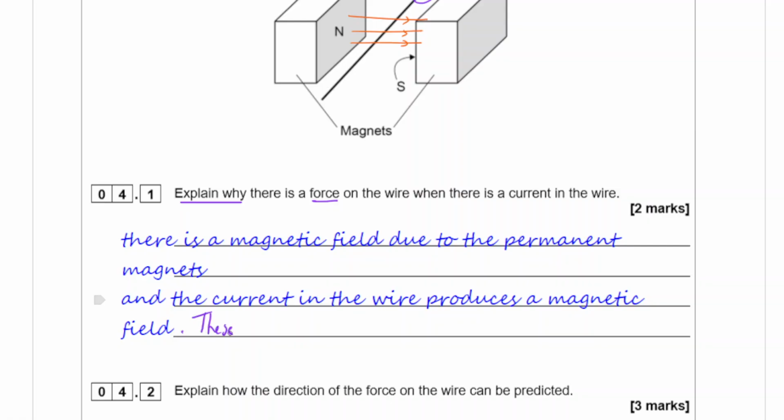These magnetic fields interact, causing a force on the wire. Now you don't have to actually explain this bit. You just need to give these 2 points for the 2 marks.